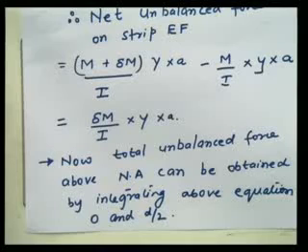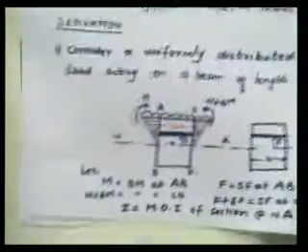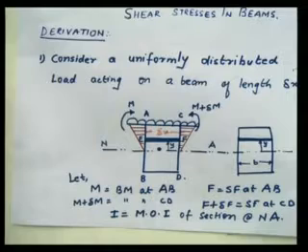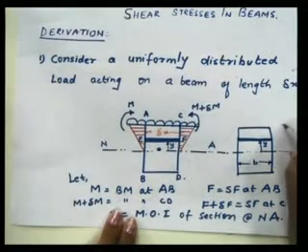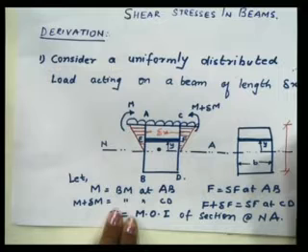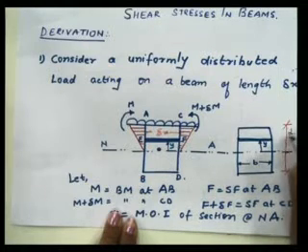By integrating our equation between 0 to d by 2. Why are we taking 0 to d by 2? Because you can see over here that above the neutral axis, if I assume that this is the depth d, then this portion will be d by 2.